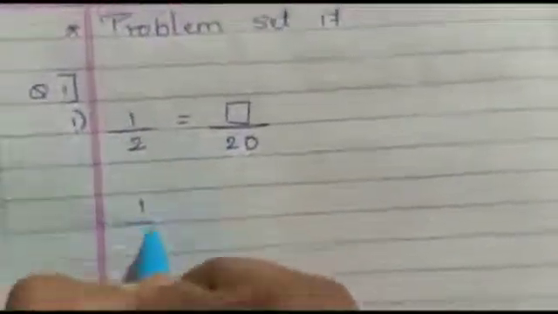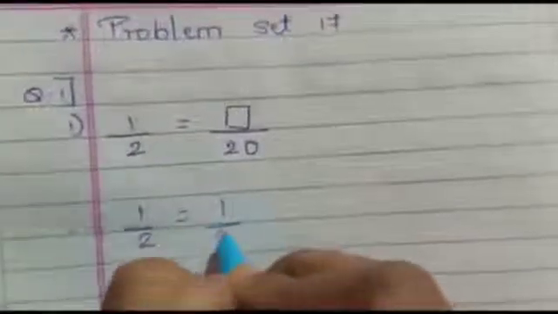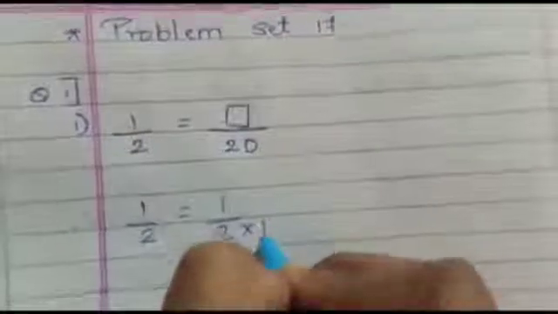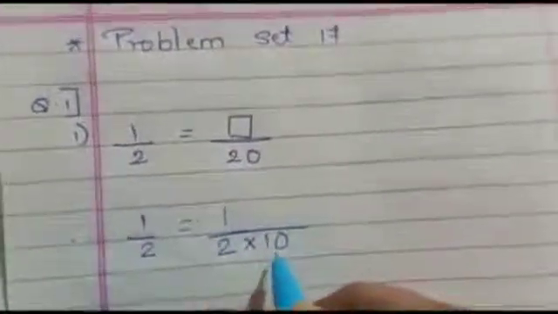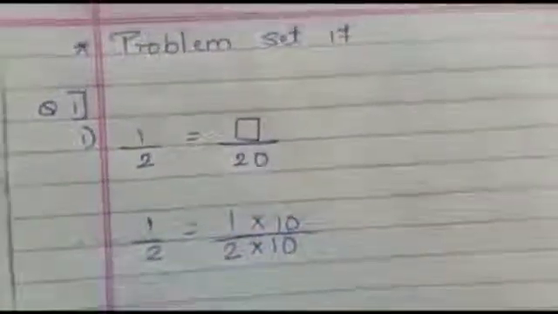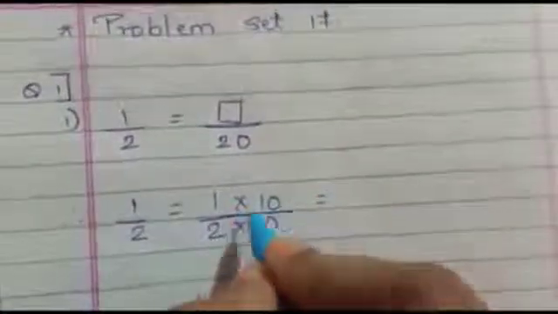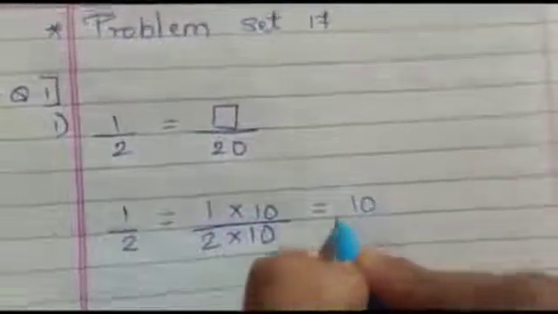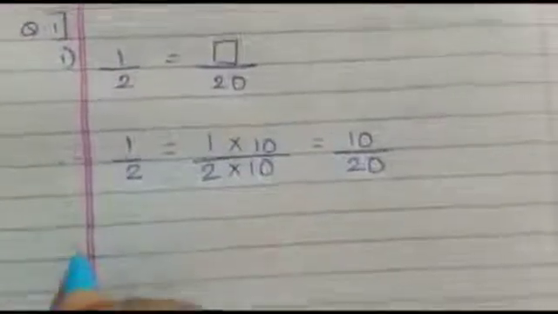Therefore, 1/2 is equal to, again you will write 1/2. 2 how many are 20? 2 tens are. If you multiply by 10 in the denominator, then ultimately in the numerator also you have to multiply by 10. So you will get the answer as 1 tens are 10 and 2 tens are 20.